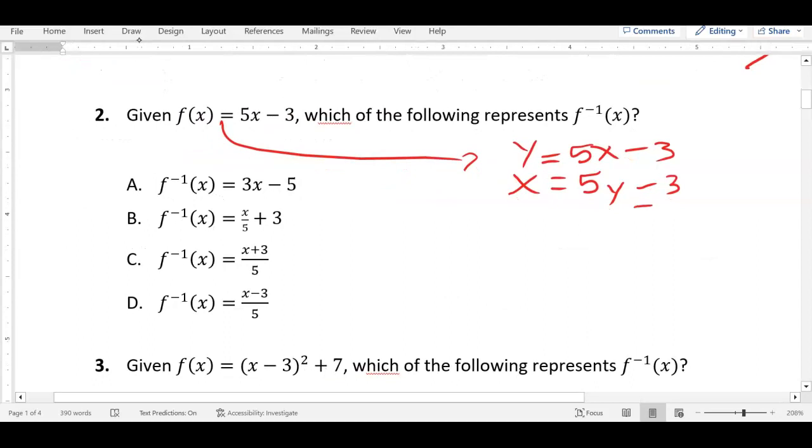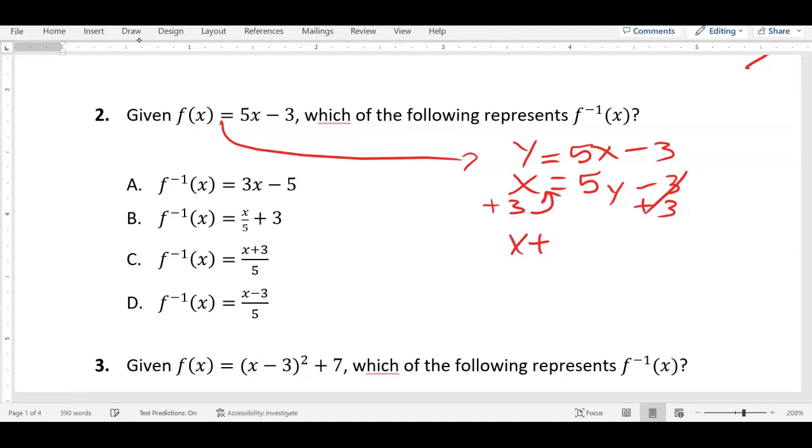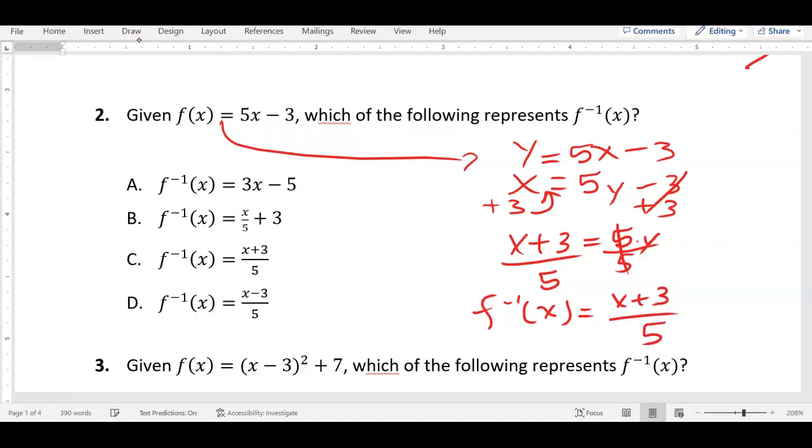Solve for y, get rid of the loner, add 3 to both sides, and the 3 goes after the x. And then your last step to get rid of that 5 that's being multiplied is you divide, and you can write it as an inverse function. So our best answer would be C.